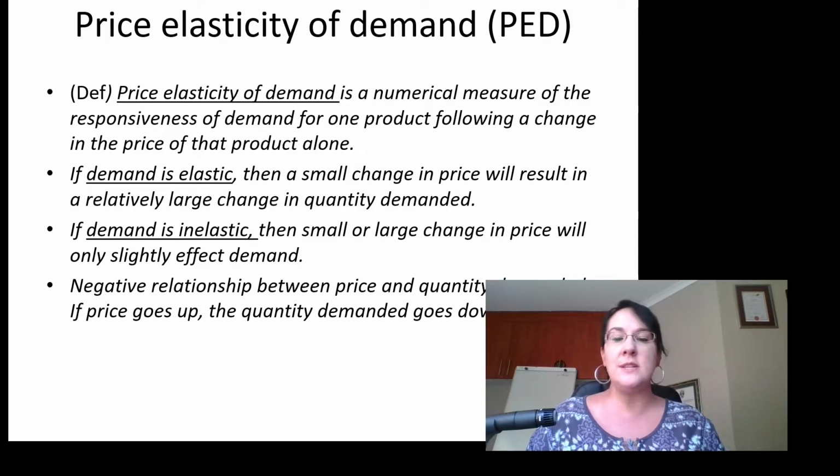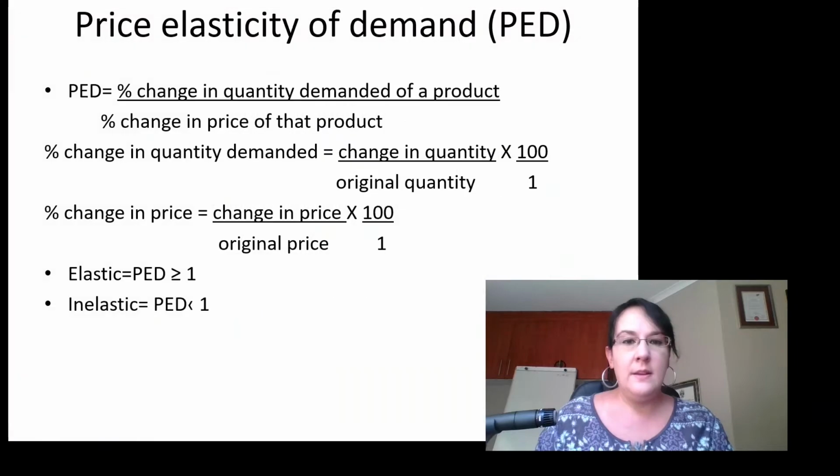In other words, if the price goes up, the quantity demanded goes down. If the price goes down, the quantity demanded will go up, because consumers shop around, looking for good value for money. So that is how it works.